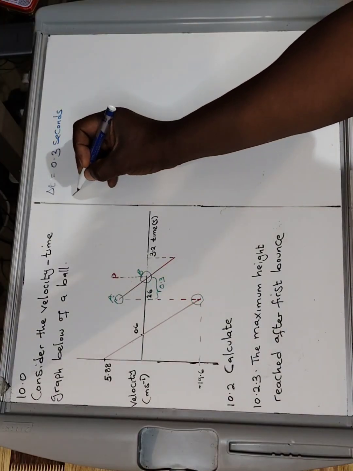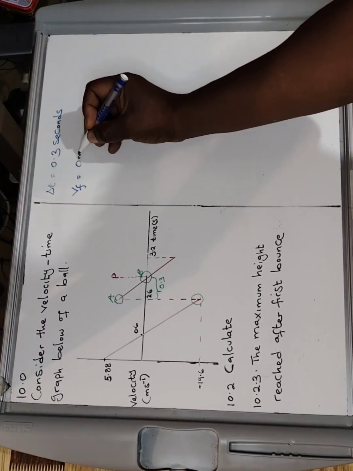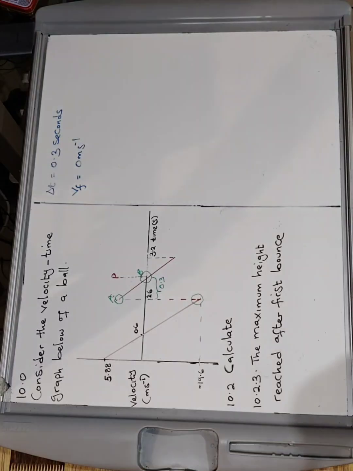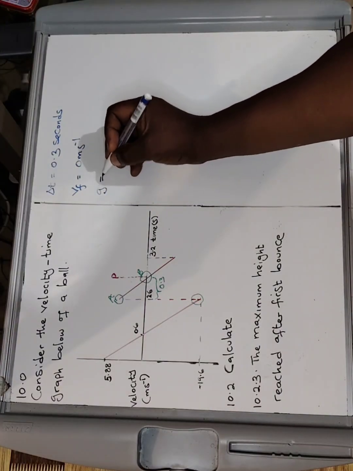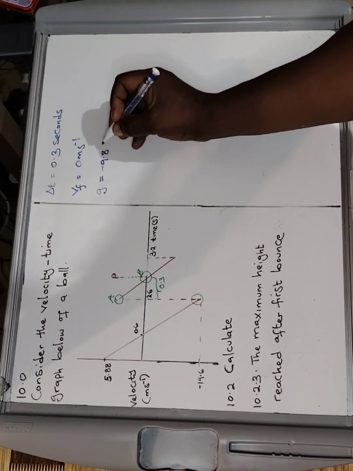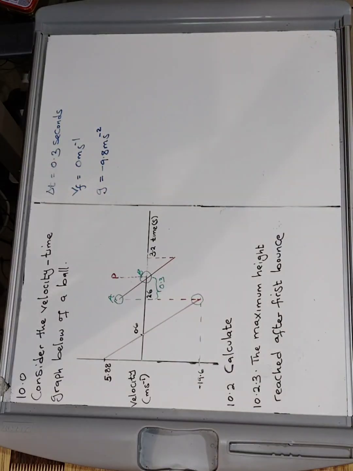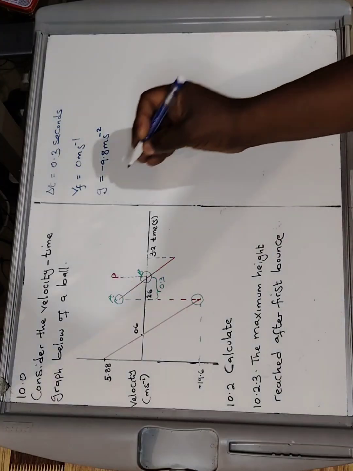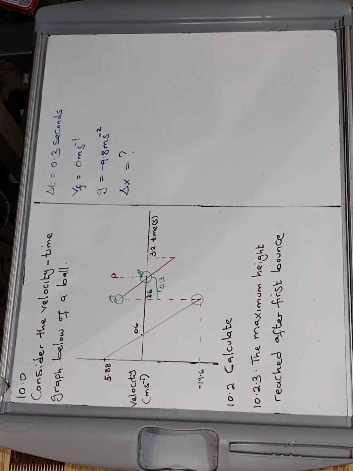That happens to be our final velocity. And what is it? 0 meters per second. What else do we know? We know g, the ball is moving upwards, so it's going to be negative 9.8 meters per second squared. Then we bring in our unknown. What is it? Maximum height. So that's the information we have.